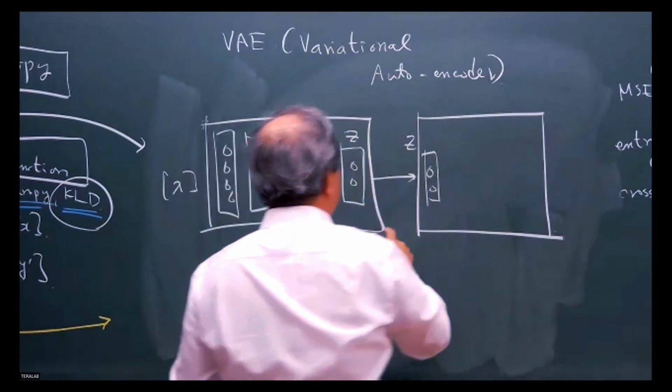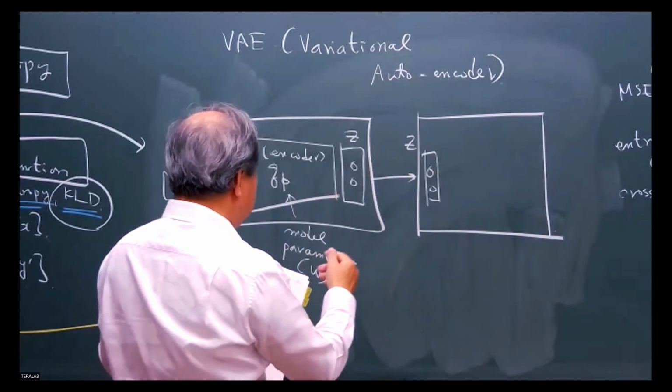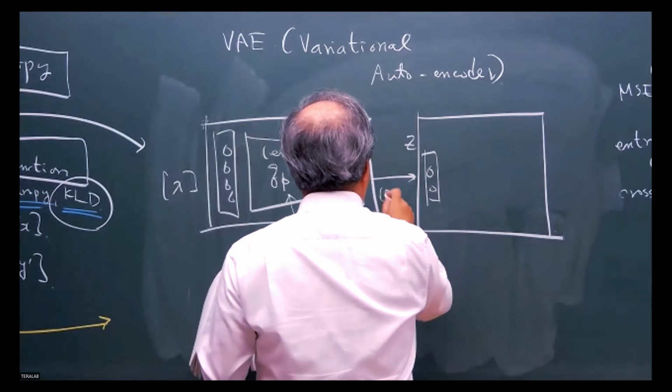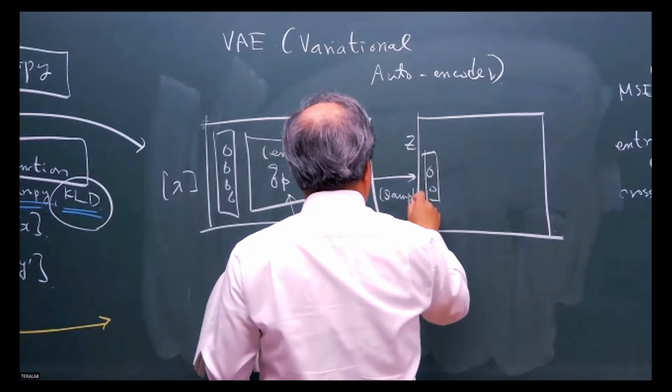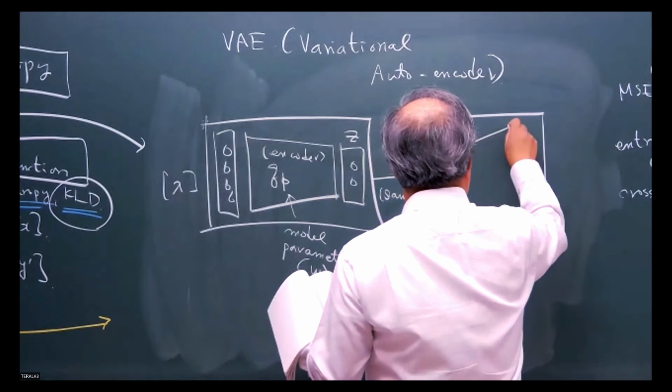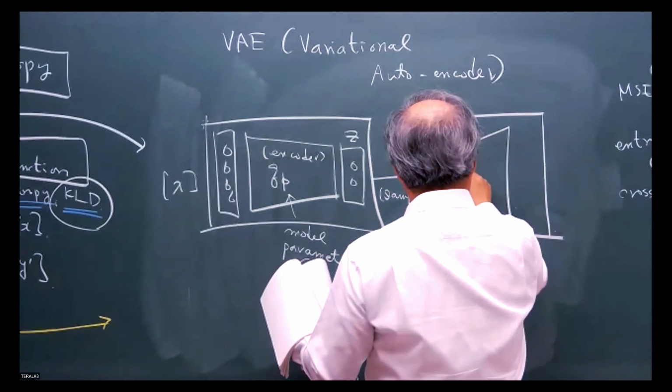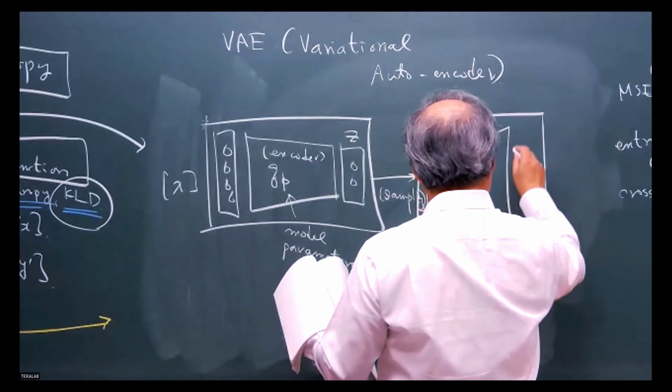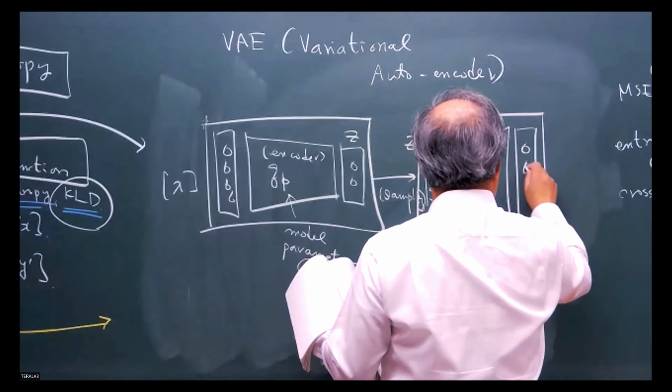This latent vector g is transmitted to the decoder by a sampling process. We have the decoder and we have the output.